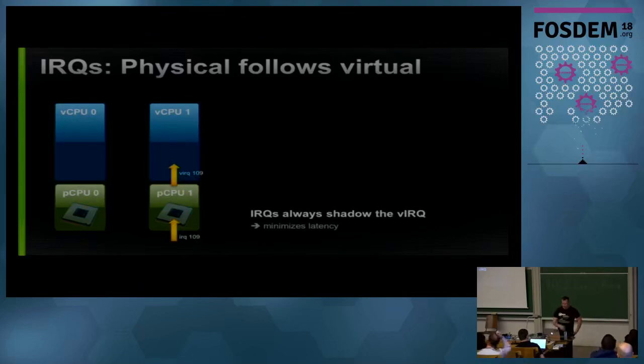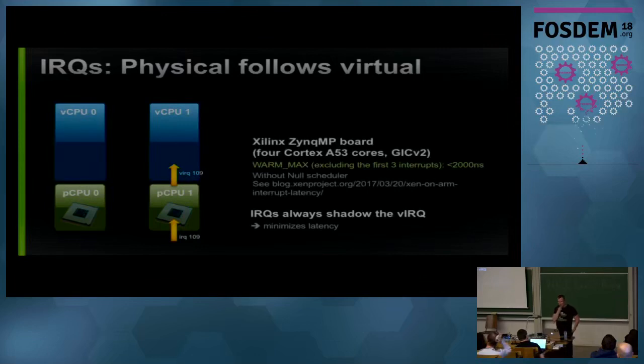What's interesting is that this whole approach really gives you fairly low interrupt latency, and this was around 2,000 nanoseconds with the null scheduler. That's the maximum over a specific run, and there's a whole blog post about that too.